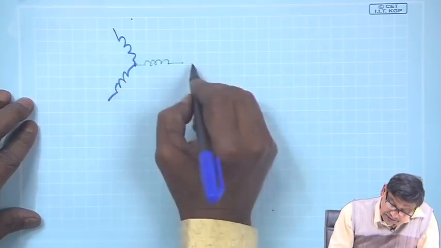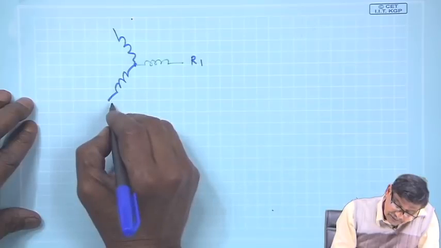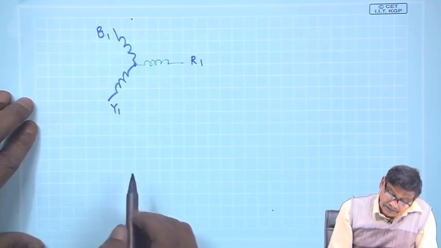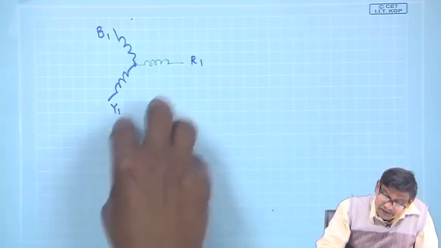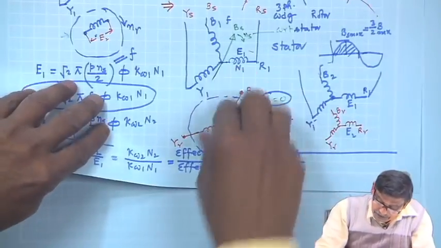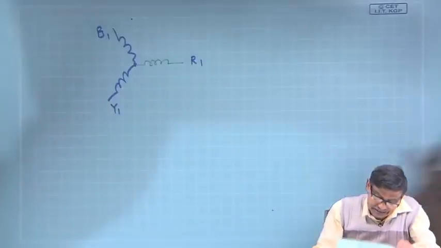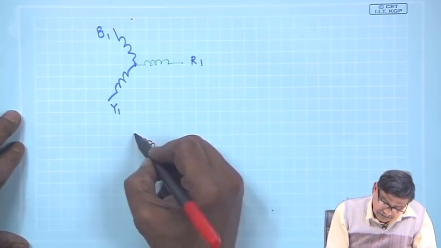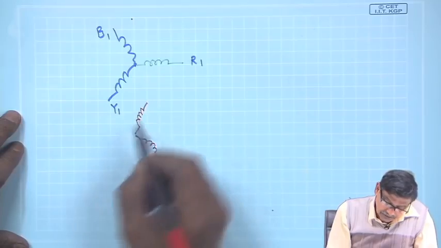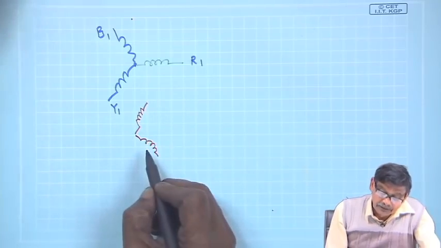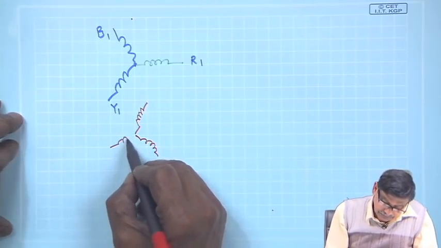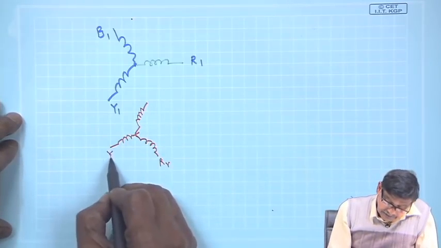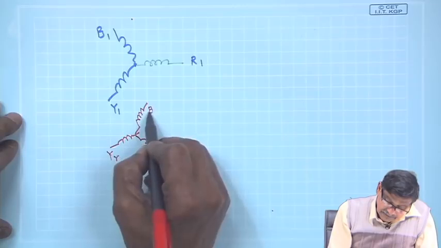Suppose stator R1, Y1, B1 and the rotor I move and keep in this position. So, the rotor is moved and then locked, it is not allowed to move, that is what I will always maintain. It will be something like this, this is RR, this is YR and this is BR.